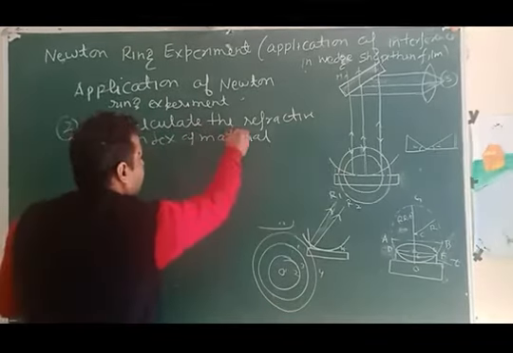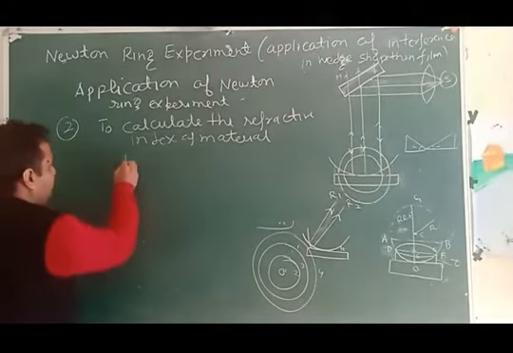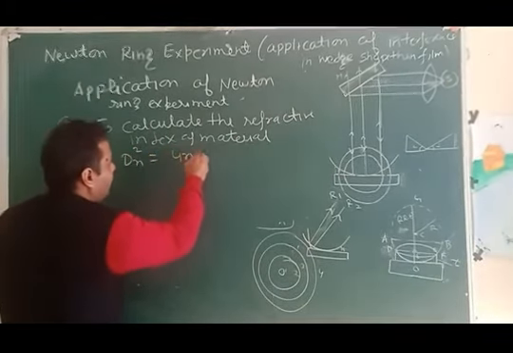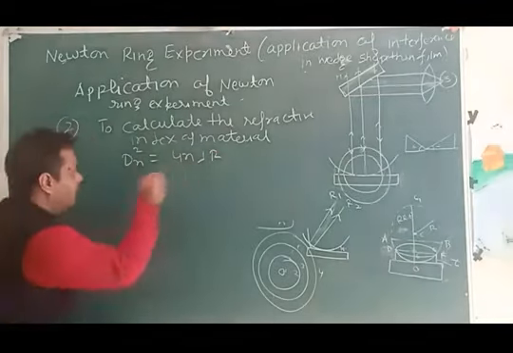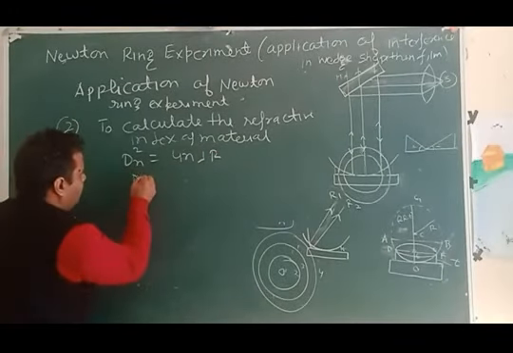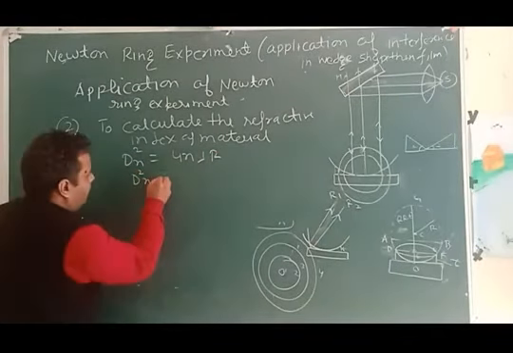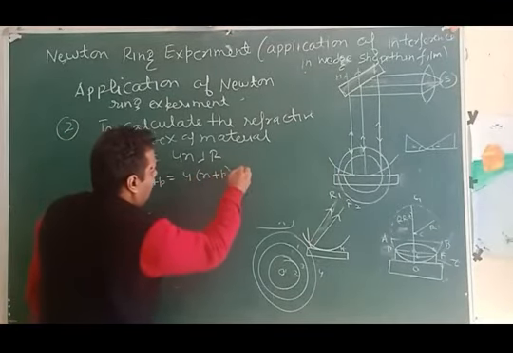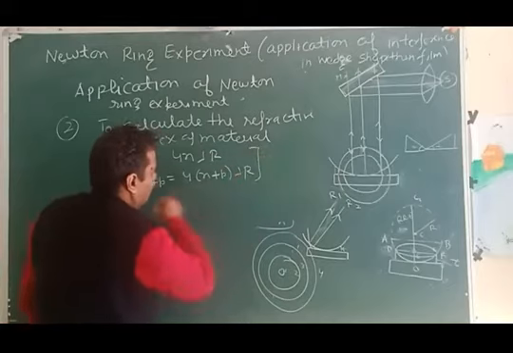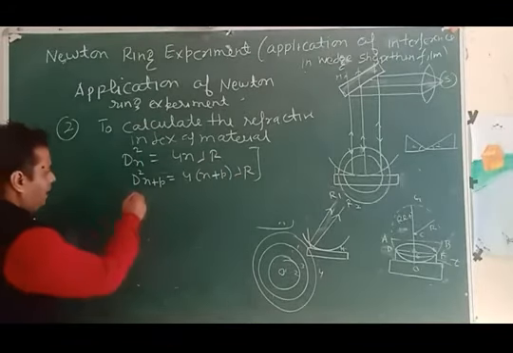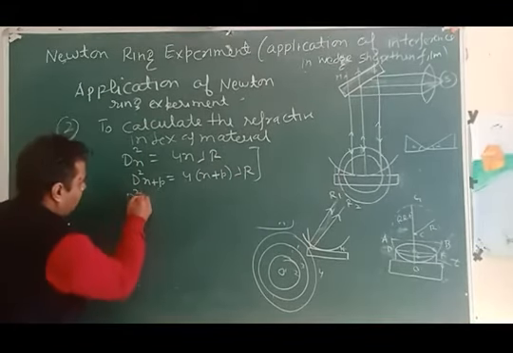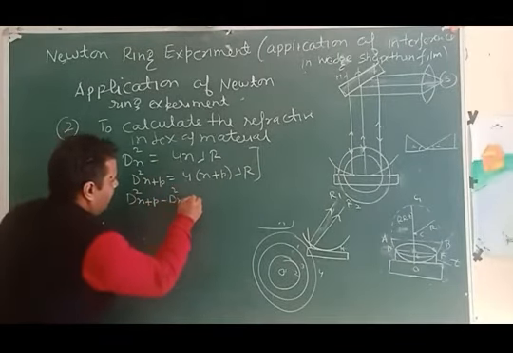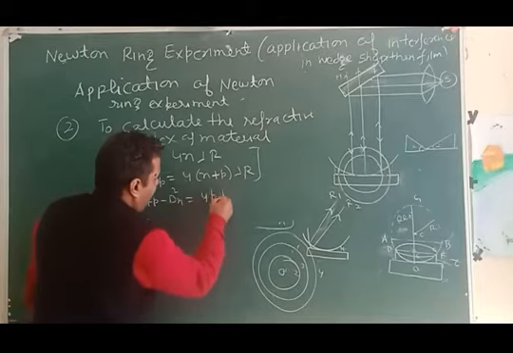For example, the diameter of the nth ring of the dark fringe is 4 n lambda r, and the diameter of the consecutive ring is 4 n plus p lambda r. Understand? Now by subtracting, d square n plus p minus d square n is 4 p lambda r.